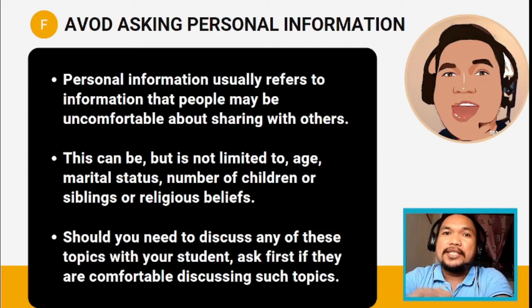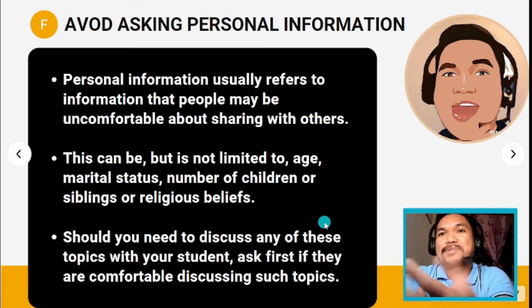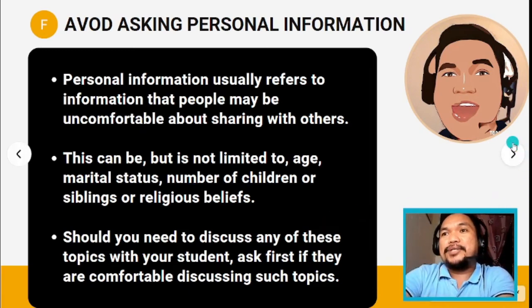Should you need to discuss any of these topics with your students, ask first if they are comfortable discussing them. It's very important to have permission, or they voluntarily give you the information.